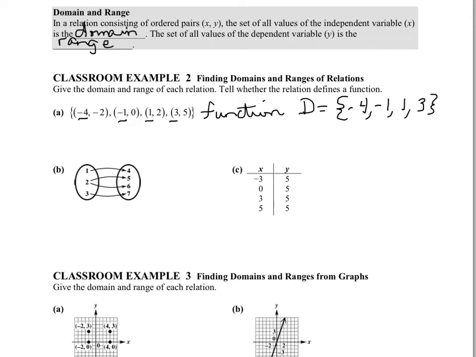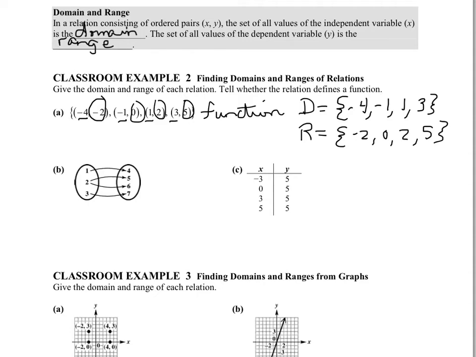And then I close off the set. Now for the range, I'll do the same, but I'll list y values. So I open the set, I go back and look at the y's, and I'm going to have -2, comma, 0, comma, 2, comma, and 5, and close my set.